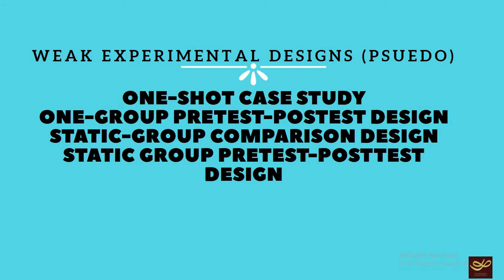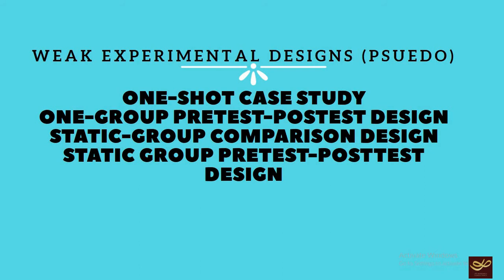What do we mean by a lot of threats? The first two designs, the one-shot case study and the one group pretest post-test design, do not have controls for any of the internal validity threats that we have mentioned. So it's really problematic because there are a lot of risks to be considered.